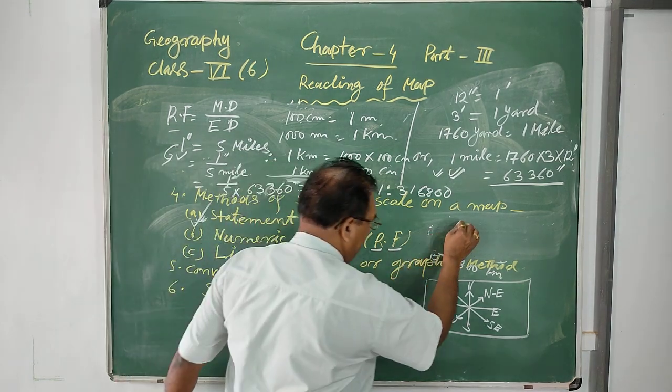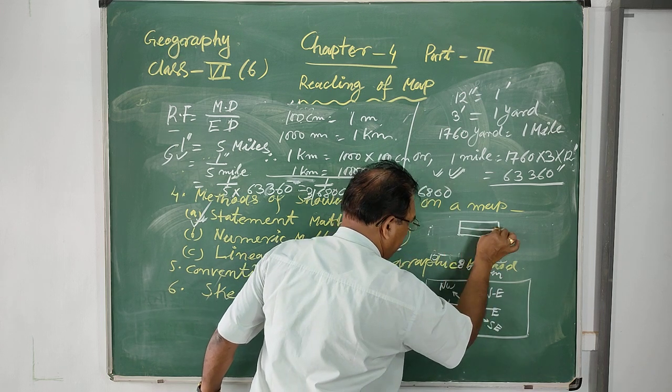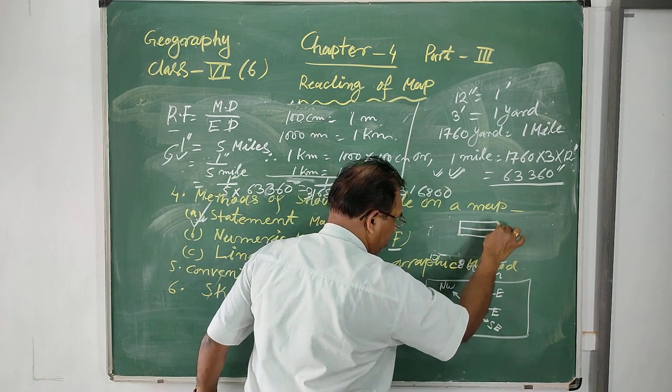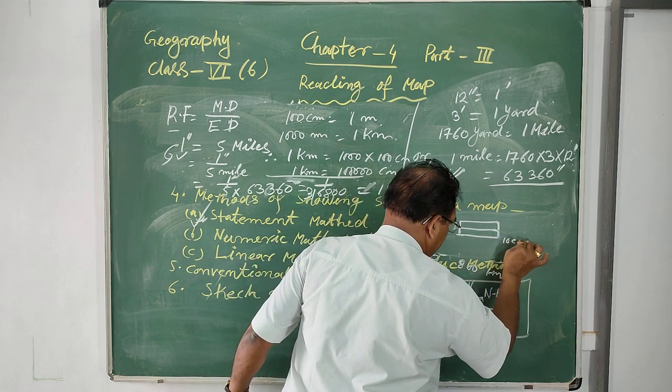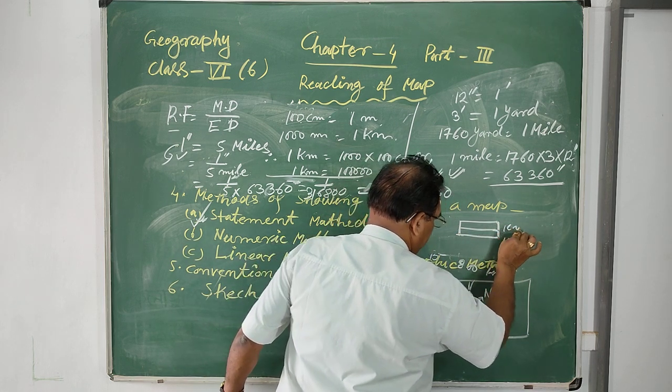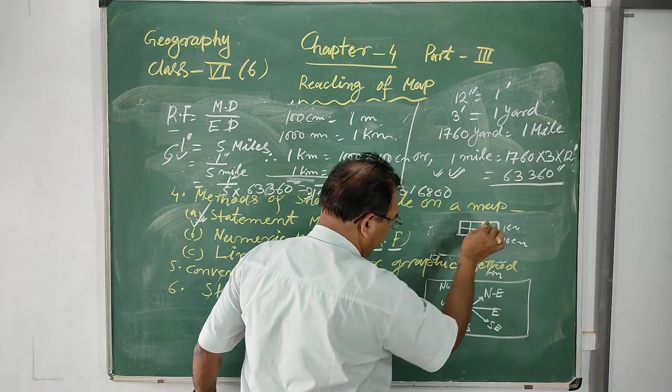And for a linear scale, if you want to show it, you can show 1 centimeter width, or 10 centimeters, divided into several equal parts.